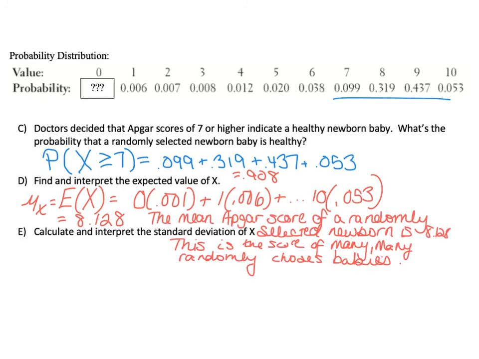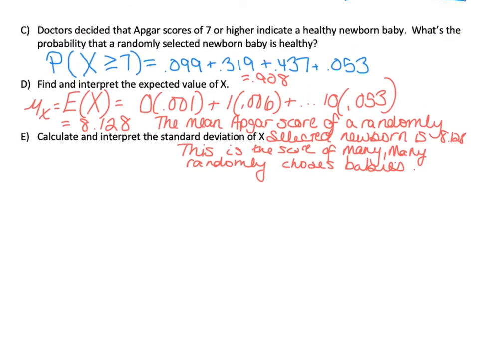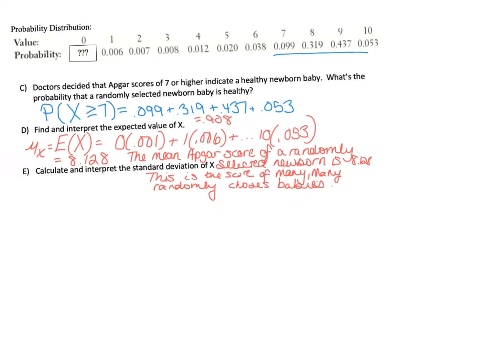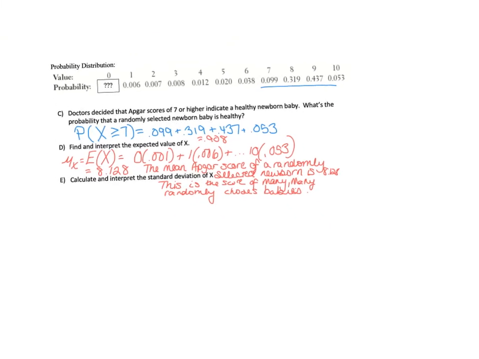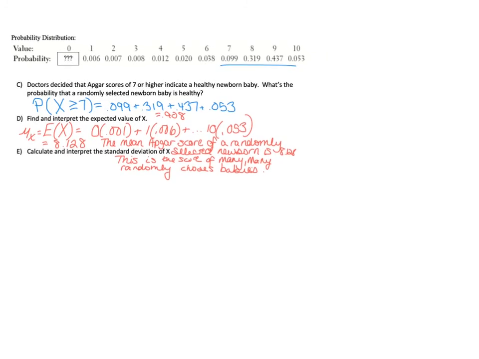Okay, and lastly, we're told to calculate and interpret the standard deviation of X. So I'm going to need my data here, so let me just shrink to give myself some space to write. Okay. Again, this formula is on your formula sheet.